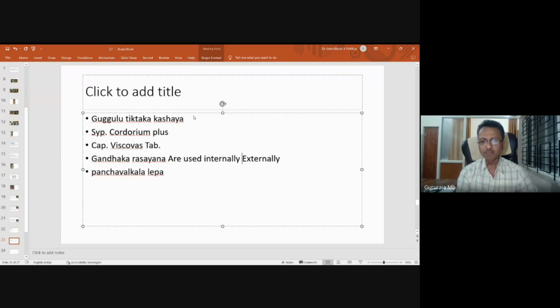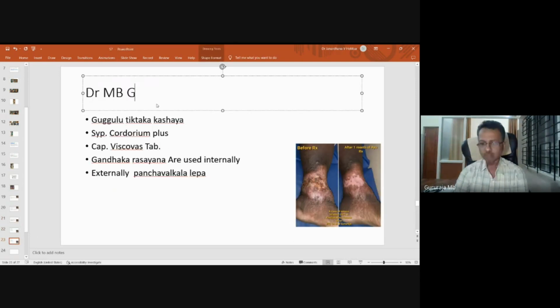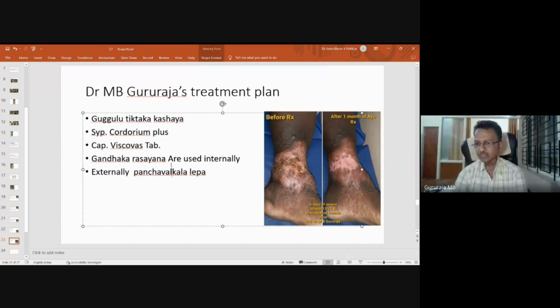Now after 1 month, in the comparison photograph the changes are seen: the ulcerations have totally healed, swelling reduced, circulation improved, no pain, no burning sensation.